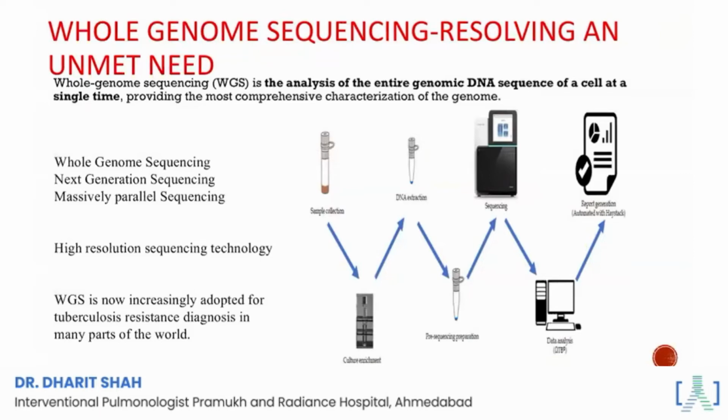But if your specimen has 100 nanogram of DNA, the second step is DNA extraction. The third is pre-sequencing preparation. The fourth is sequencing. The fifth, which is done by computer, is data analysis, and you will get the report. So it is a very easy and properly structured investigation, so we can do that also.